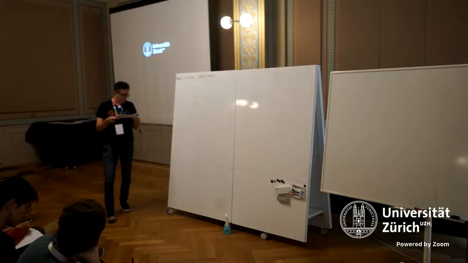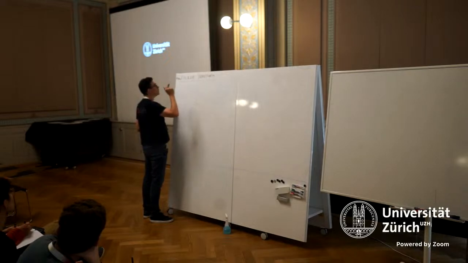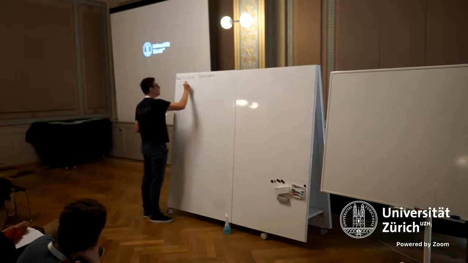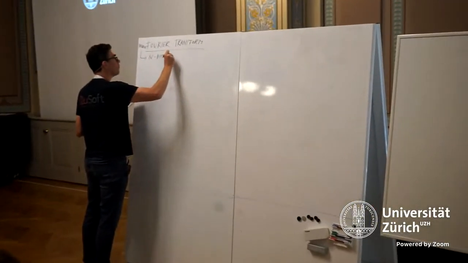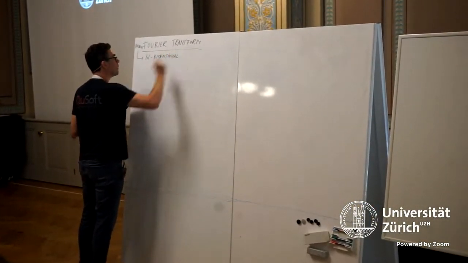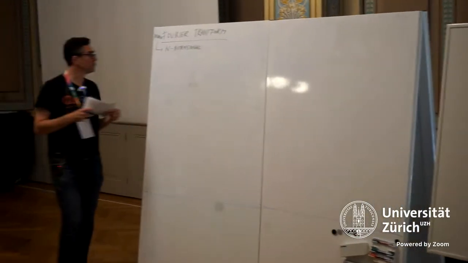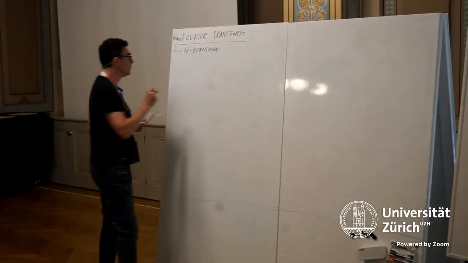And let me just define what I mean. I'm only going to talk about the finite dimensional case, let's say capital N dimensional. Let me just write down the matrix for the Fourier transform. So this is going to be a capital N by capital N matrix.